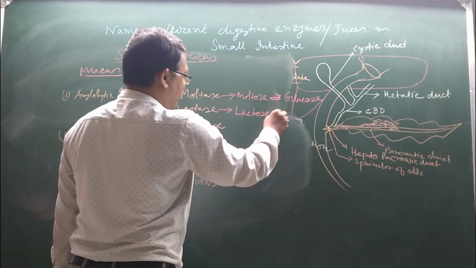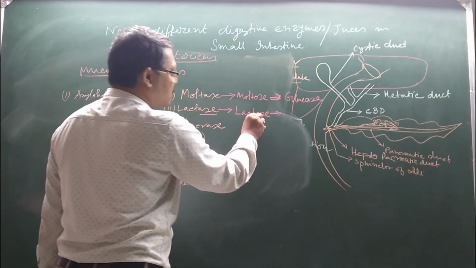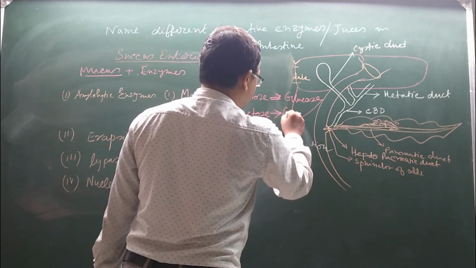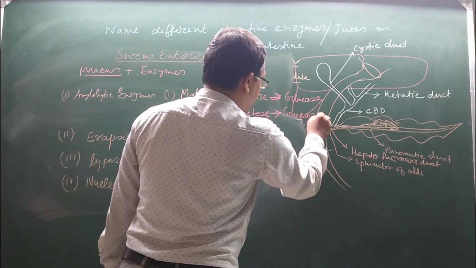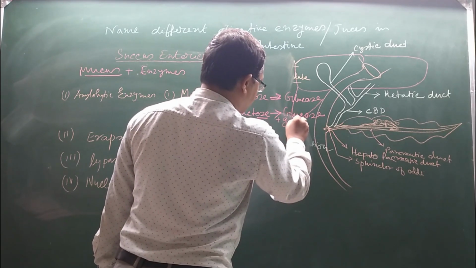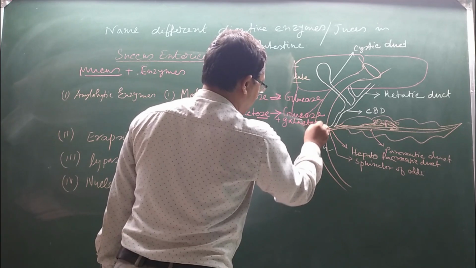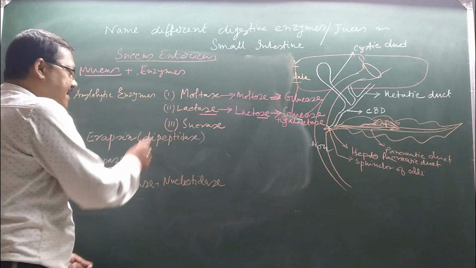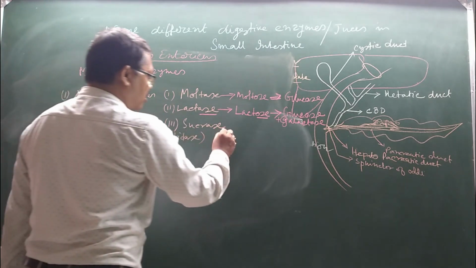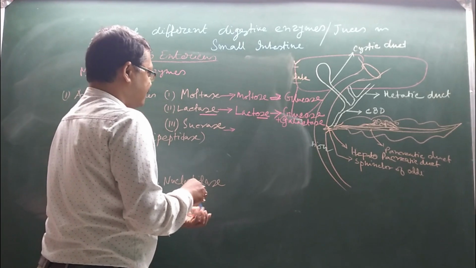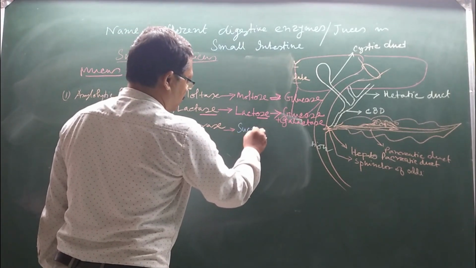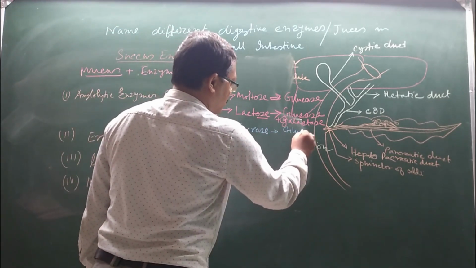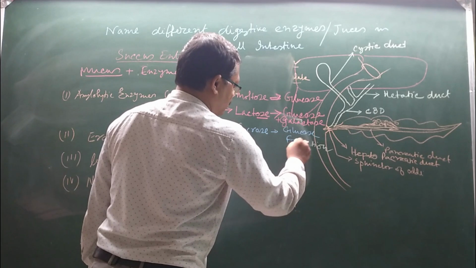Lactose is a sugar, and ase is an enzyme. Lactose produces glucose plus galactose. Sucrose is also a disaccharide. Sucrase acts on sucrose, producing glucose and fructose.